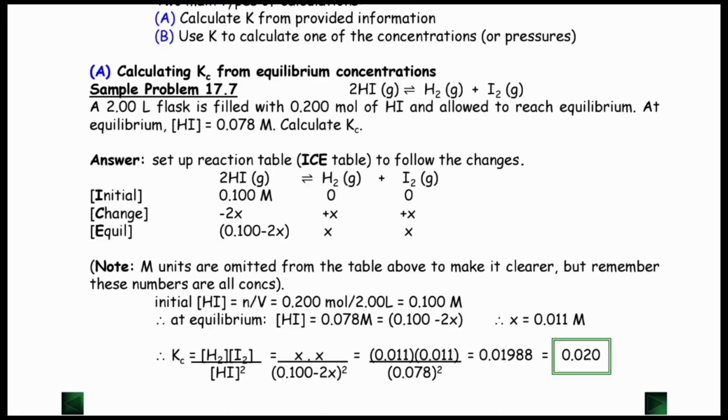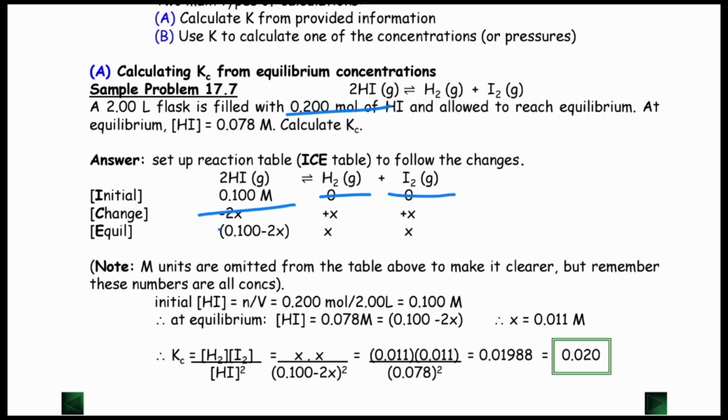Okay, here's a question: a 2-liter flask is filled with 0.2 mole of HI and allowed to reach equilibrium. At equilibrium, HI is this. Calculate Kc. We're given this 0.1 molar of HI initial. Okay, 2 liters here, so we have 0.2 moles.